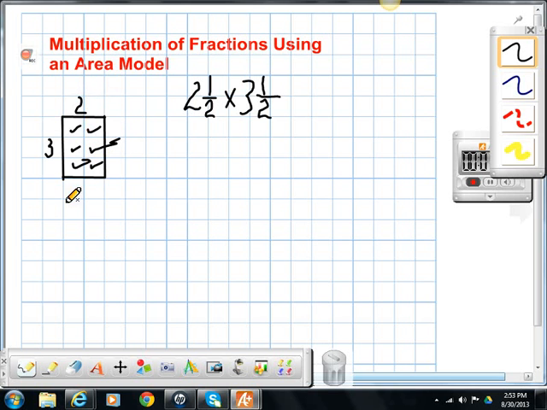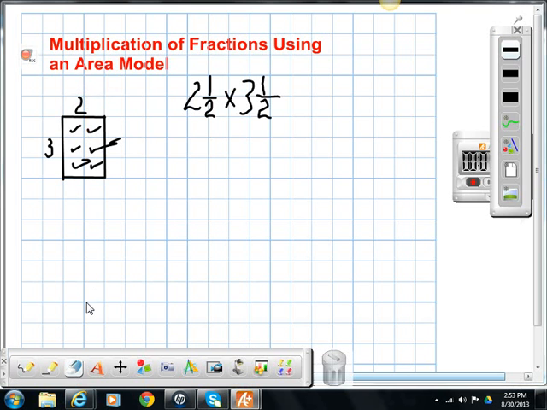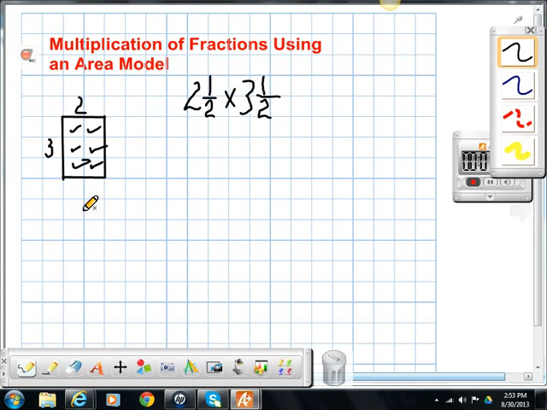Those squares look a little funny, but you know what I mean. So there are 6 squares, and the area of this rectangle is 6, and that also happens to be the product of 3 times 2 or 2 times 3.